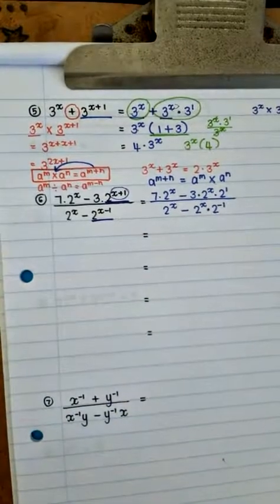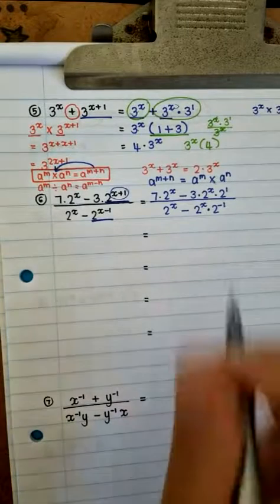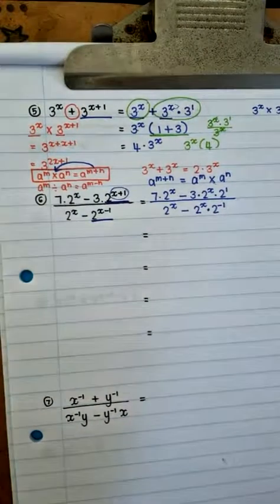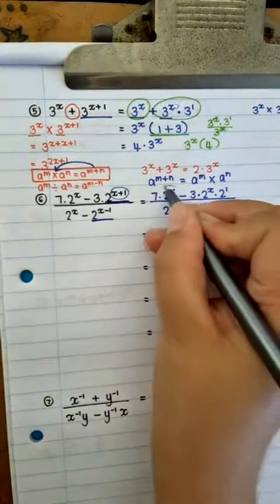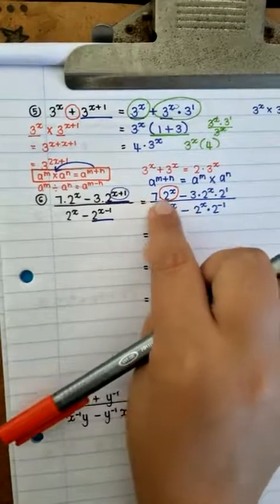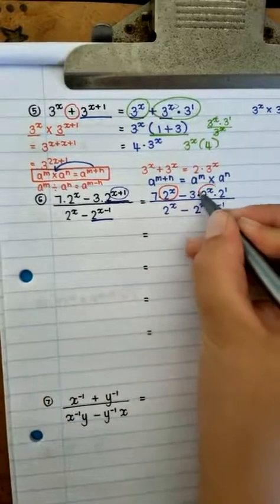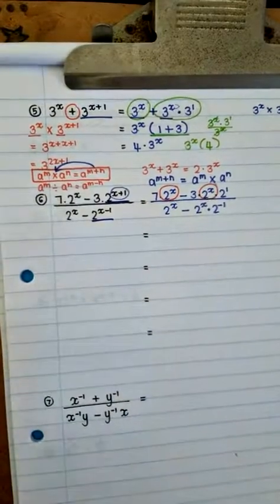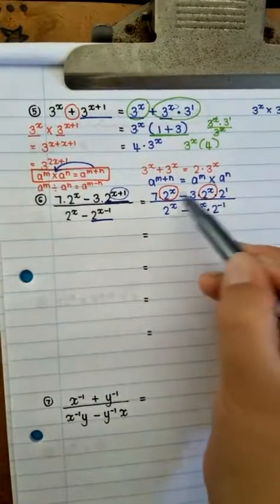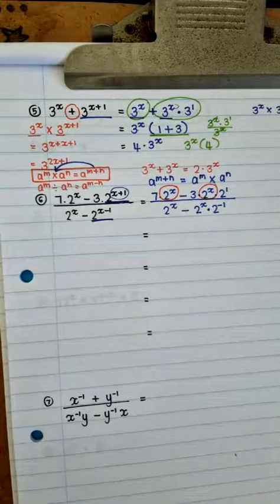I'm going to take a different color pen. I want us to notice that in the numerator, let's just look at the numerator first. We'll get to the denominator now. In the numerator, there is a 2 to the x in my first term, right? That is the first term of the numerator. This is the second term of the numerator. Do we notice that we have a 2 to the x there as well? So 2 to the x is the common factor in the numerator.